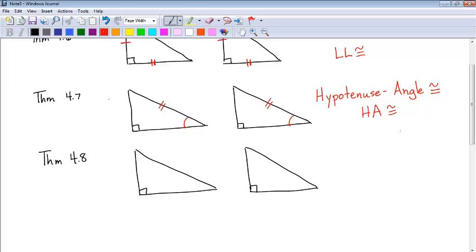And on this one, say you have this angle is congruent to this angle, and this leg is congruent to this leg. So instead of hypotenuse angle, what is it? Leg angle, yep. So this would be leg angle. And they're just going to abbreviate it, leg angle.